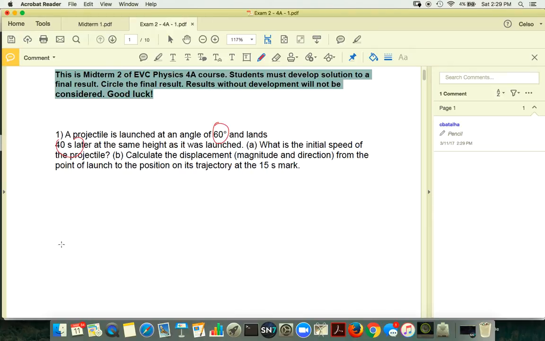If you were to do a diagram, it would be something like this. You launch a projectile and the angle is given, and your projectile should hit the same level at a time that is 40 seconds later. What is the initial speed of the projectile?